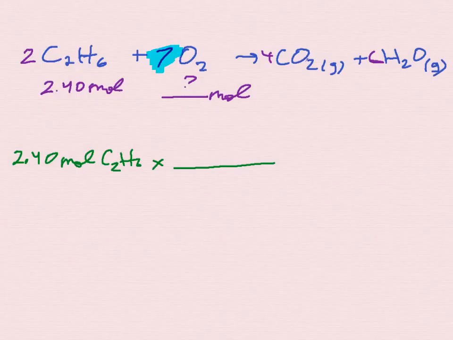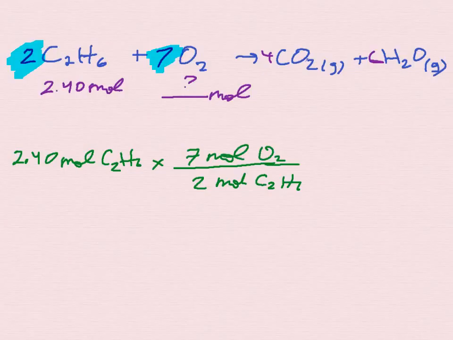It's reacting in a 2 to 7. Your only decision is which way do you arrange your fraction. On the bottom, what you want to cancel. So you want to put moles of ethane in the bottom, and that number in the equation is 2 in the front. So 2 moles of ethane is going to react with 7 moles of oxygen.